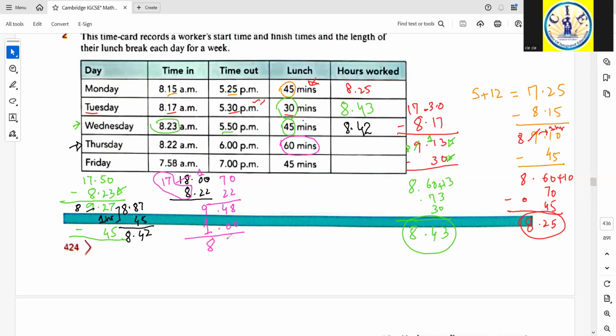That will give me 8 hours and 48 minutes. So the answer is 8 hours and 48 minutes.